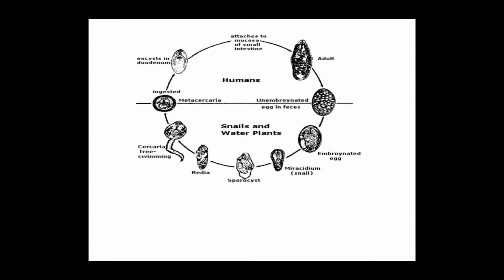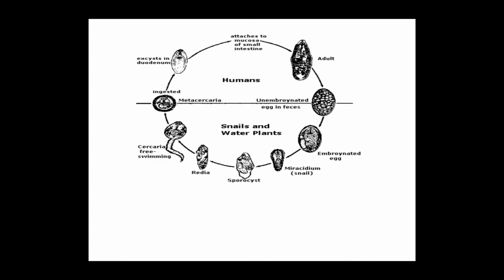Now, the cercaria with its tail is discharged from the snail, the first intermediate host, to be free. It then encysts on water plants, the second intermediate host, and stays there as a metacercaria.